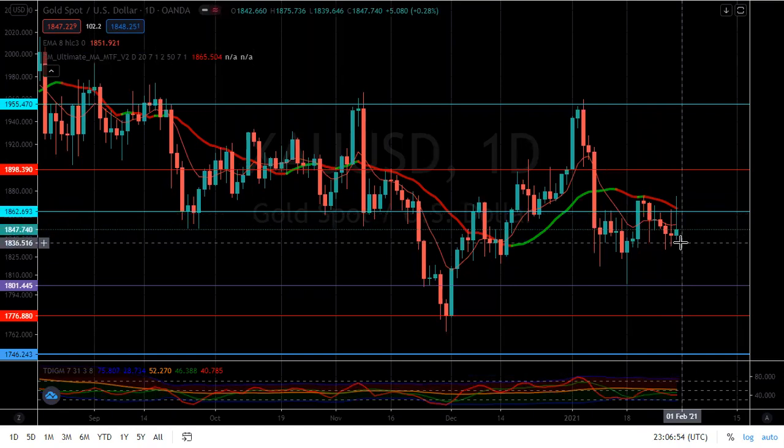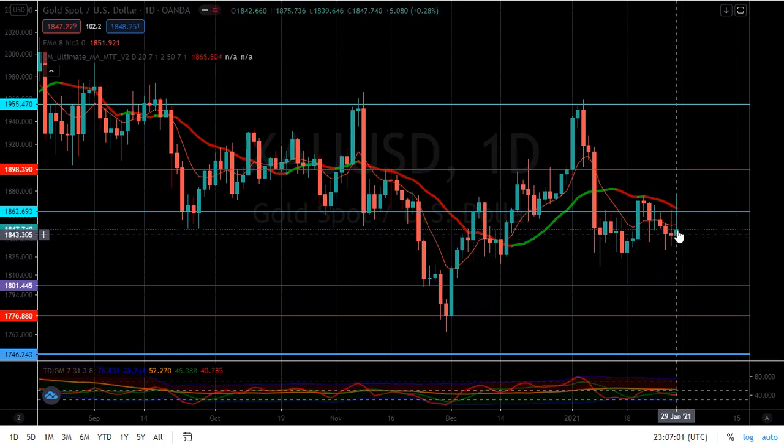But on Friday, we now have a bullish engulfing candle. Between Friday and Thursday's candle, we have a bullish engulfing candle.